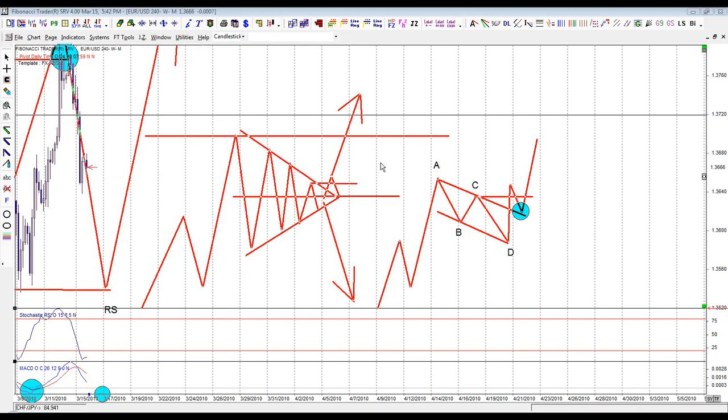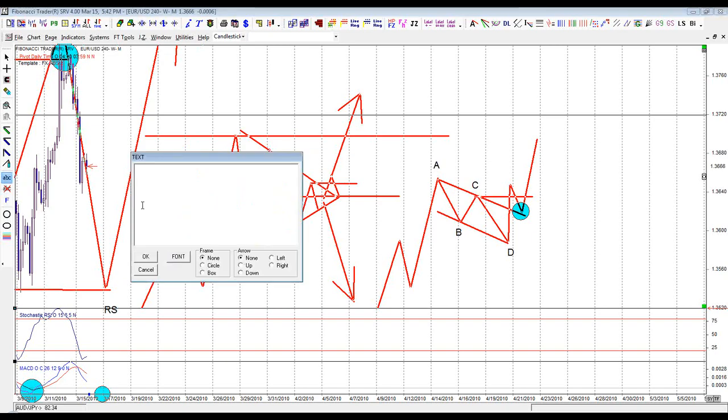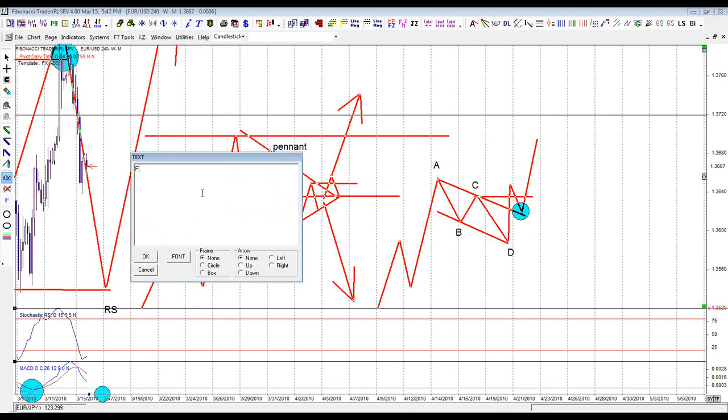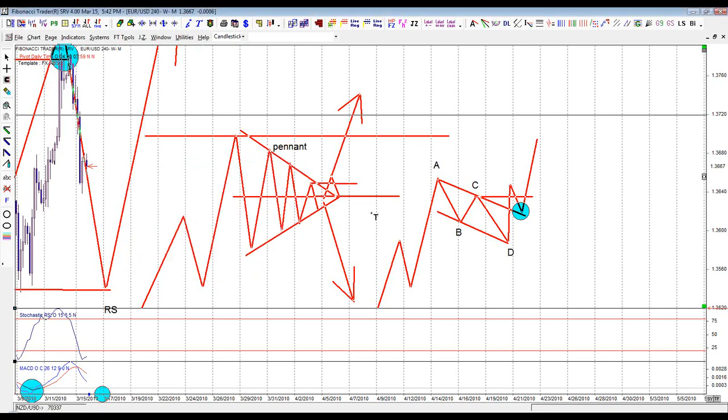As I said, if you see this pattern, pennant, I'm sorry guys, or the flag, formed at major support or resistance level, we can trade it in the opposite direction.